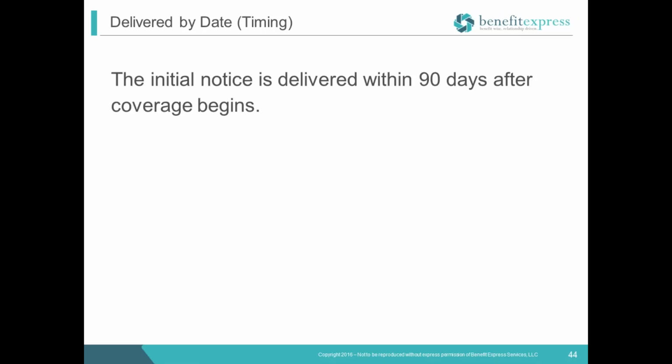So as long as you give the initial notice, tell the employees what their responsibilities are, tell them they have to notify you within 60 days, if they don't do it, then you as an employer, excuse me, don't have the requirement to give that spouse any type of COBRA.